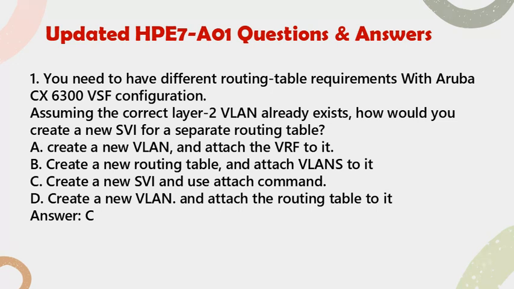B. Create a new routing table, and attach VLANs to it. C. Create a new SVI and use attach command. D. Create a new VLAN, and attach the routing table to it. Answer: C.